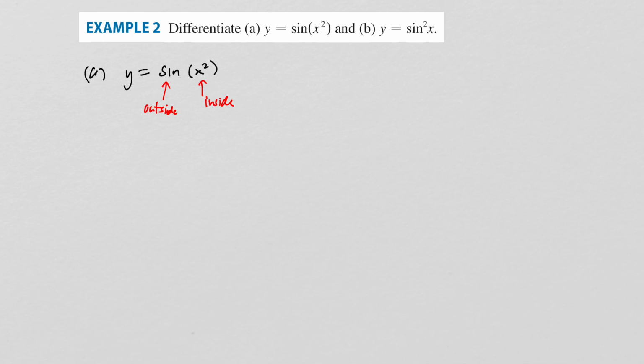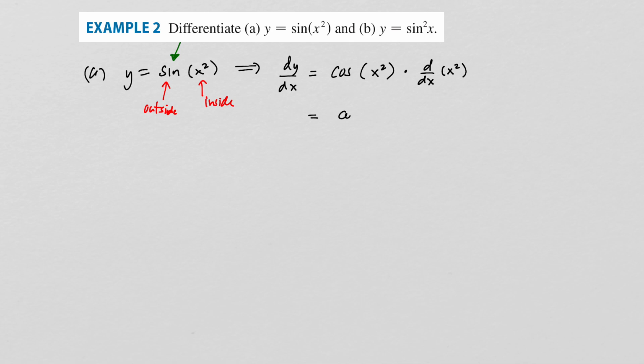So the chain rule says, when you take your derivative, you are first going to take the derivative of your outside function. Now, the derivative of sine of anything is cosine of the same thing. And then we have to multiply that by the derivative of that inside function.